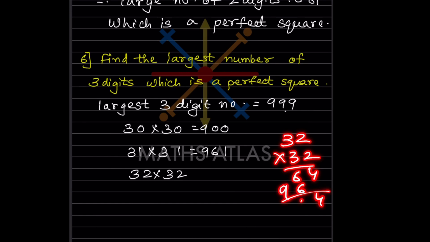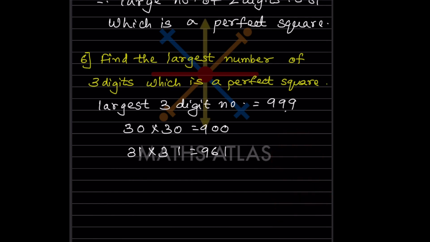So this will be bigger. This is going to be a 4-digit number. So the possibility is only 31 into 31. But now we want the largest 3-digit number, which is a perfect square. Therefore, 961 is largest.